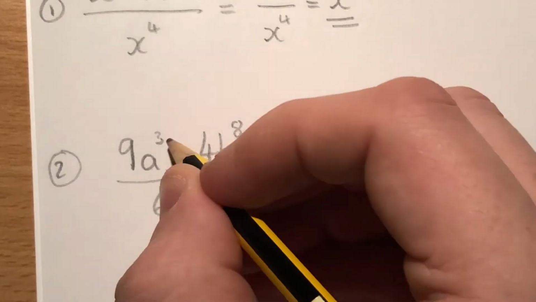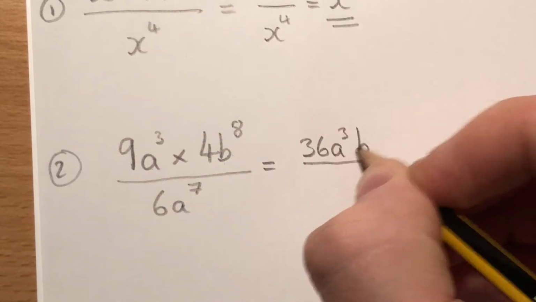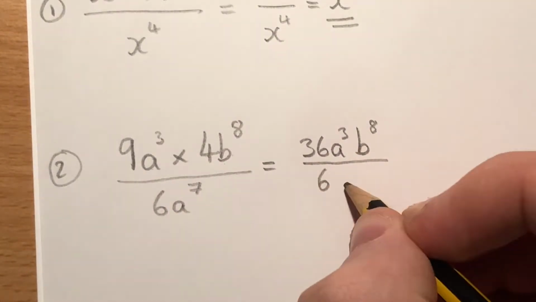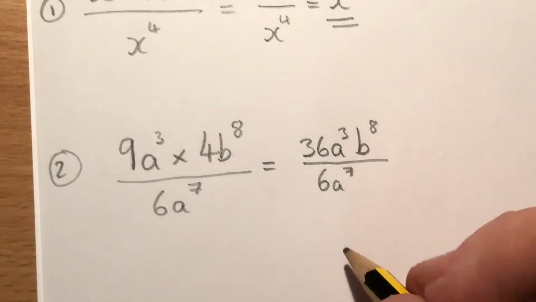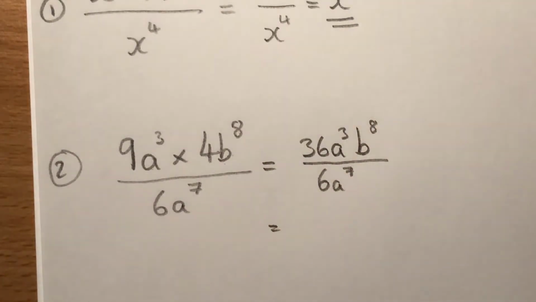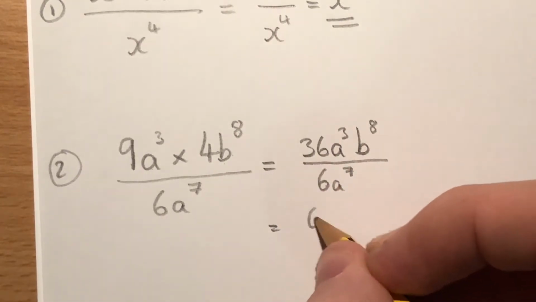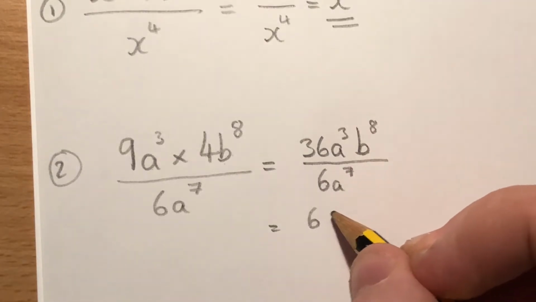Their powers are unique to themselves. Okay, so a cubed, b to the 8. The bottom has not yet changed. Our denominator has not changed, so 6, a to the power of 7. Now using rule 2 of indices, I've got 36 divided by 6 gives us 6. The b to the power of 8 can just stay put.